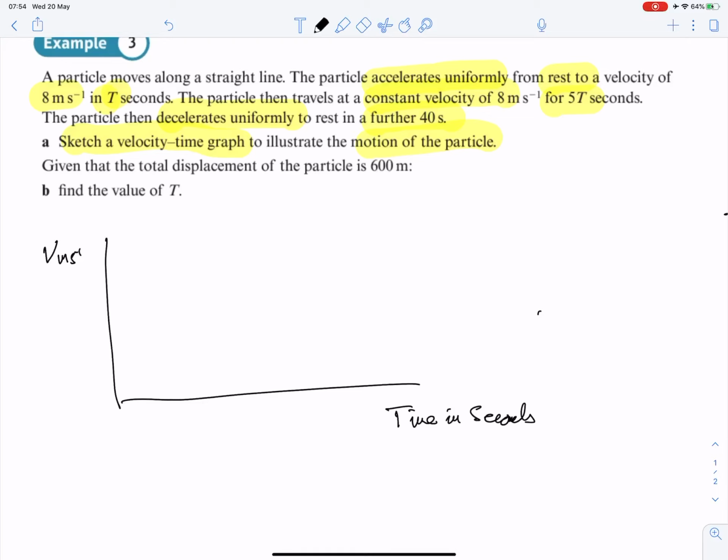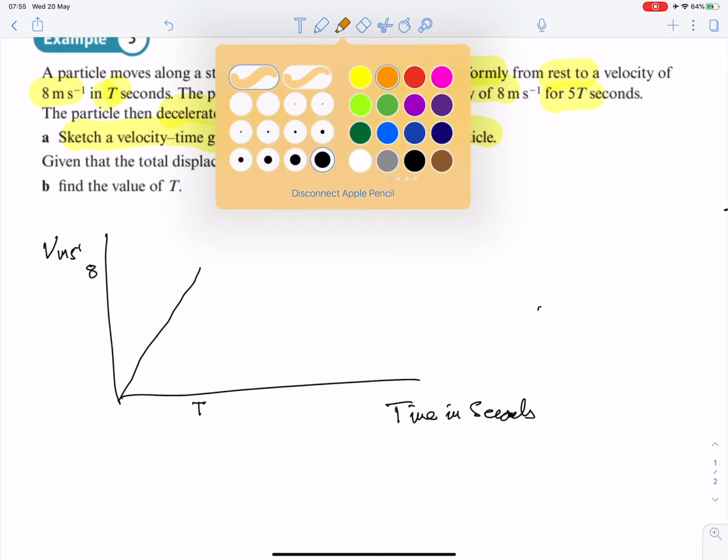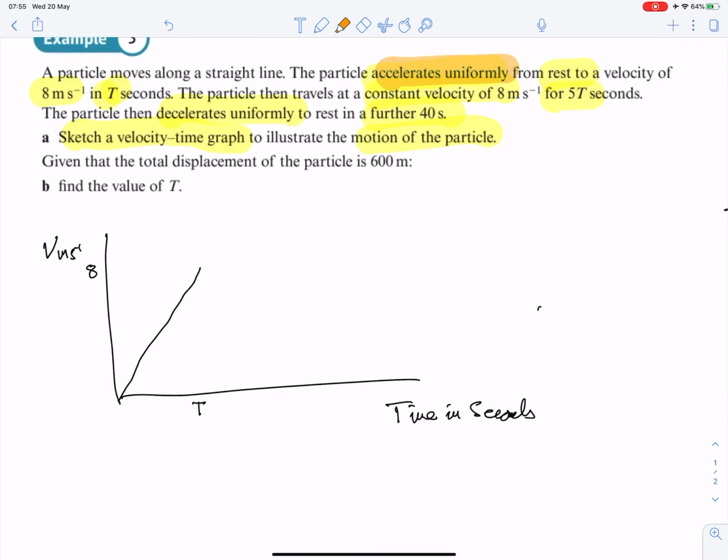It accelerates uniformly, so that's going to be a straight line from rest to a velocity of 8 meters per second in t seconds. So that's 8, and it takes t seconds to that point. So accelerates uniformly from rest, 8 meters per second to t seconds has given us that bit of the graph.